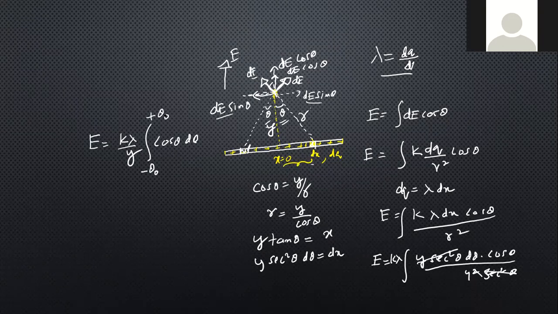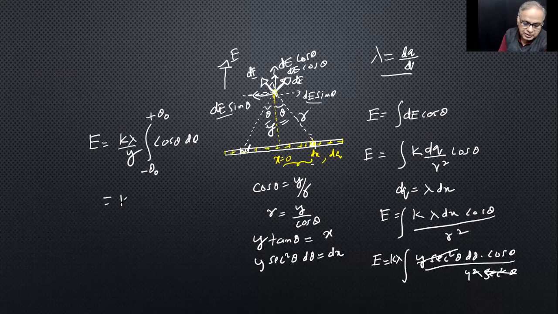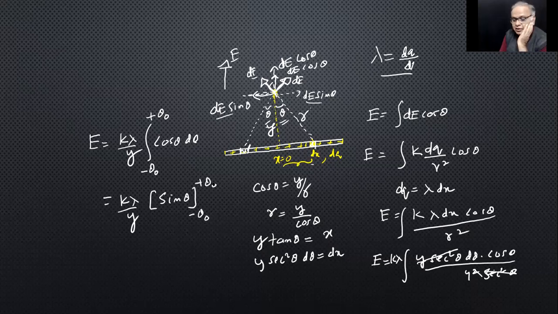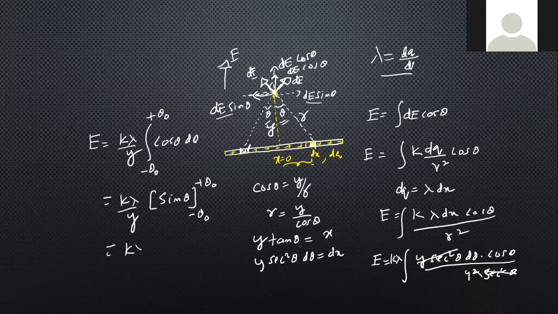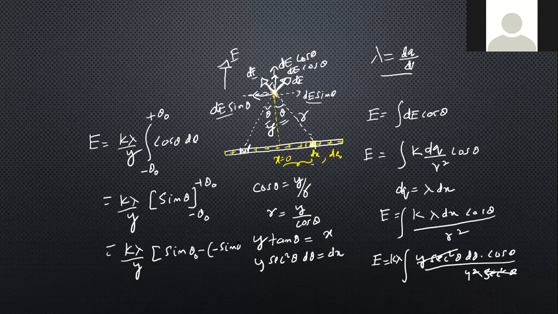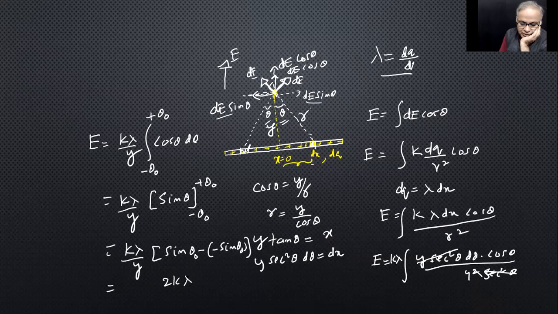So I'll get K lambda by y. What is integral cos theta d theta? Sin theta between the limits. So what do I get? K lambda by y, sin theta naught minus minus sin theta naught, so 2 sin theta naught. So 2k lambda sin theta naught by y.